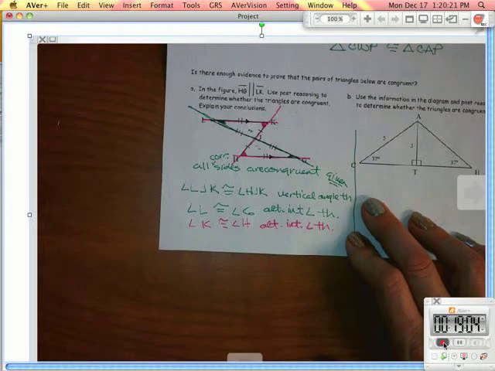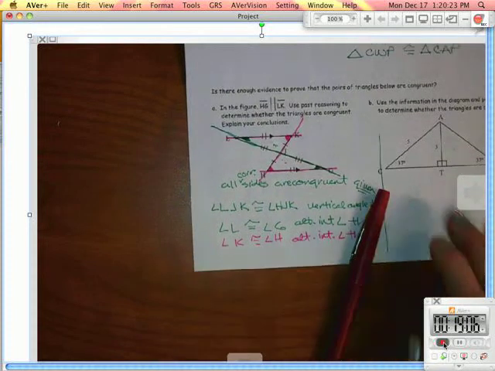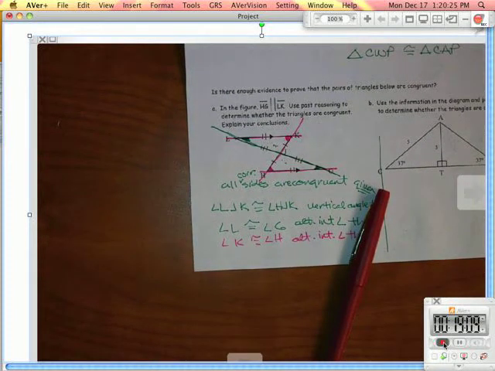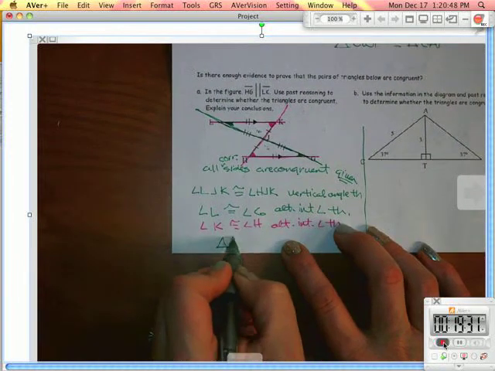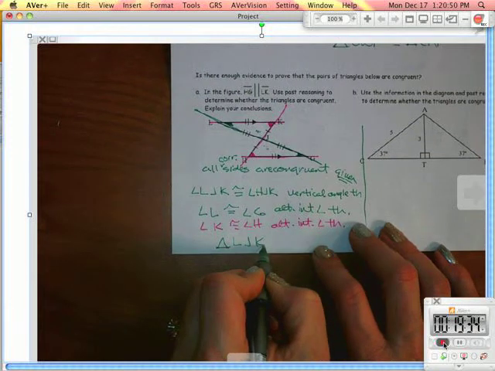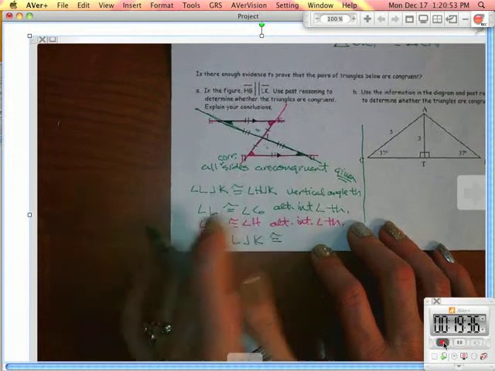Therefore, I can make a congruent statement, which would be what? I want to make that final statement. What am I trying to prove? I'm trying to prove that triangle LJK is congruent to, if I start over here, GJH.